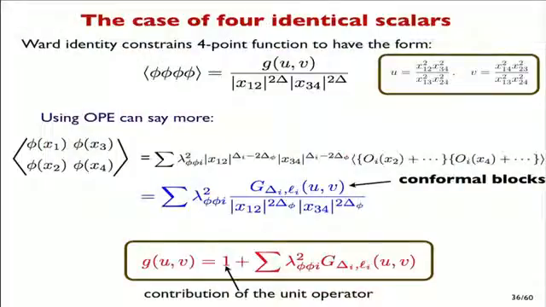So let us do it a bit more explicitly for the case of 4 identical scalars. If you take some scalar phi and consider its 4-point function with itself, it's known that in this case conformal Ward identities are not sufficient to fix the functional form of this correlator.